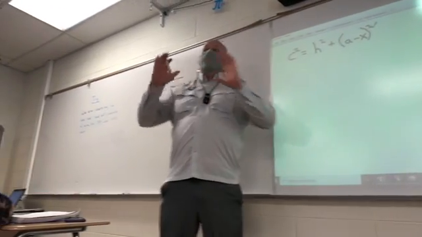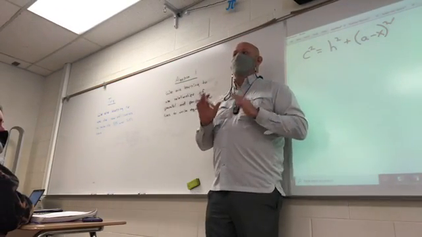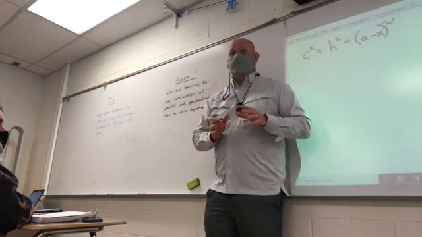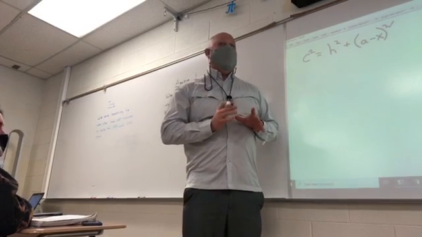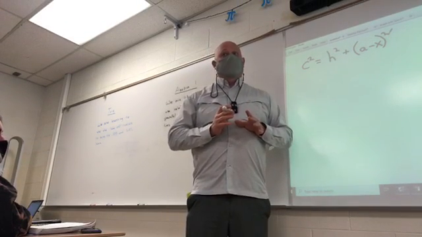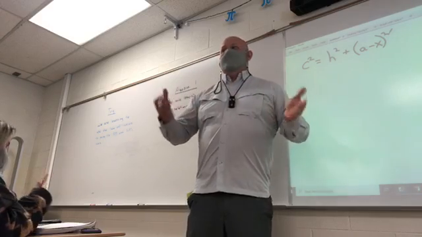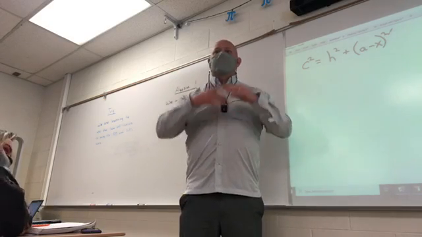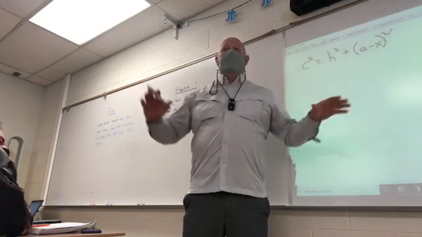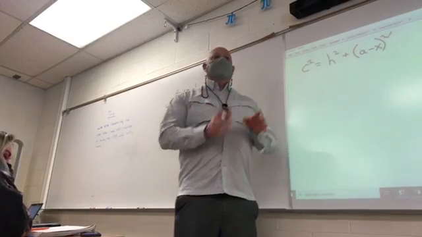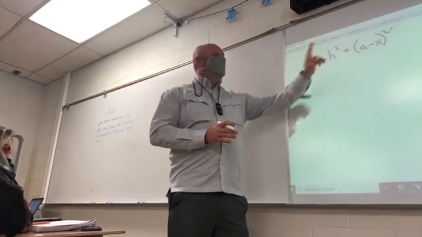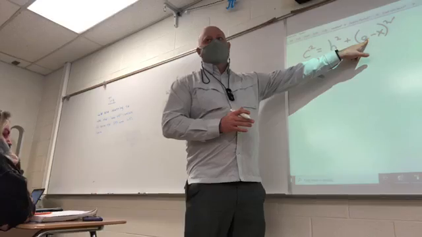Now, keep in mind the goal here. Do I care what X is? No. Do I care what H is? No. I want this all turned back into terms of A's, B's, and C's, right? So my goal here now is I want to eliminate everything that's an X and everything that's an H. Let's FOIL this out and see what happens.